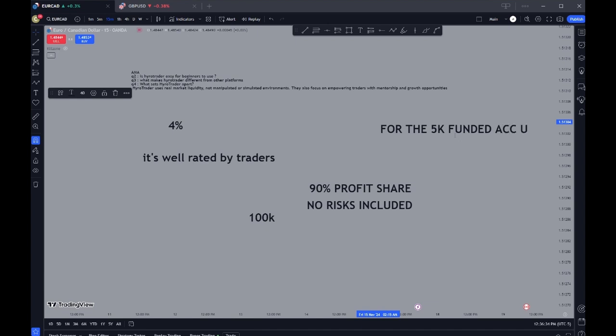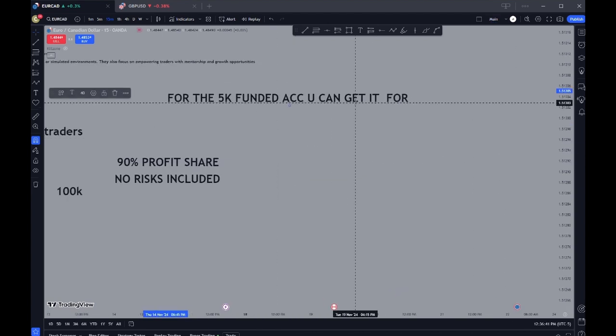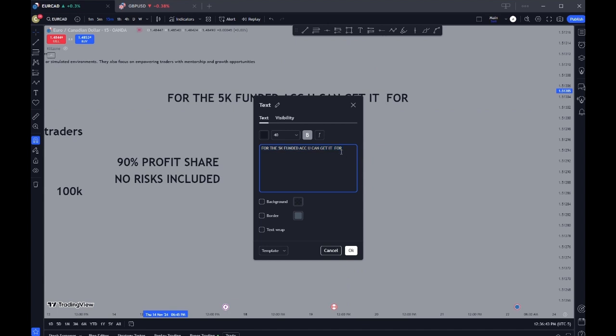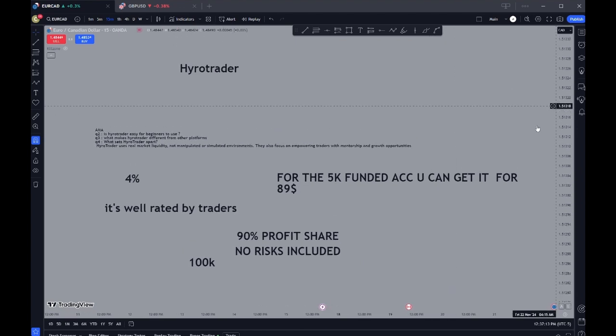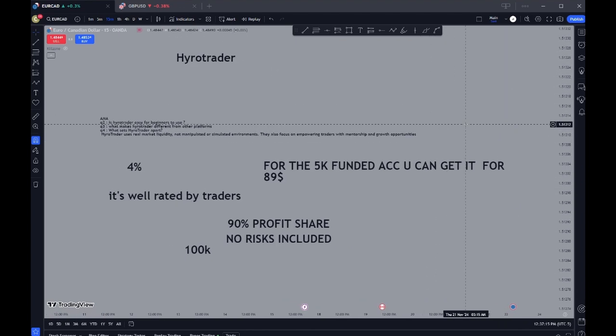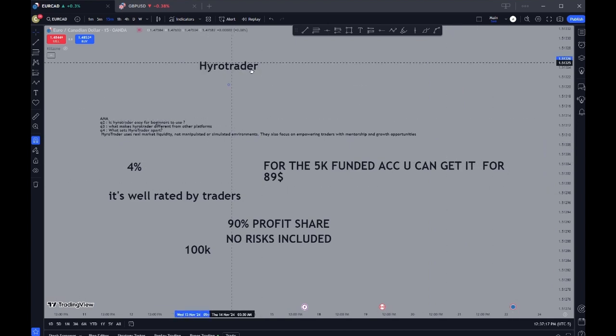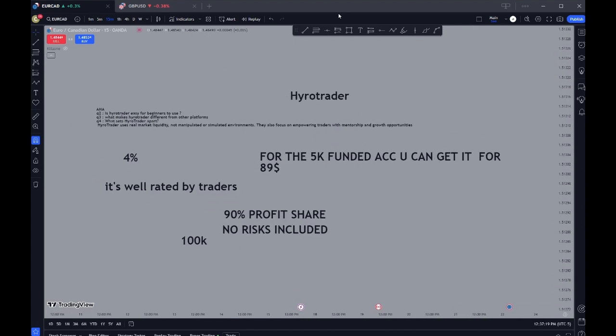You can get it for $89. You can find prop firms that are cheaper, but Hydro Trader is more legit for buying prop firms.